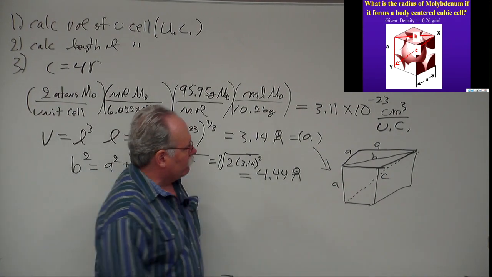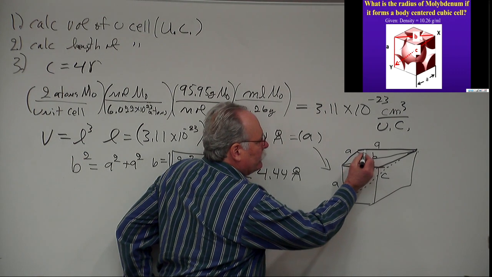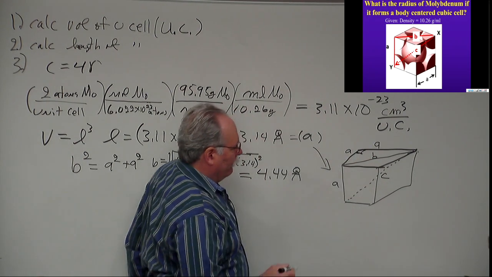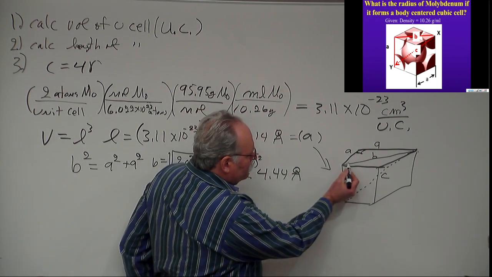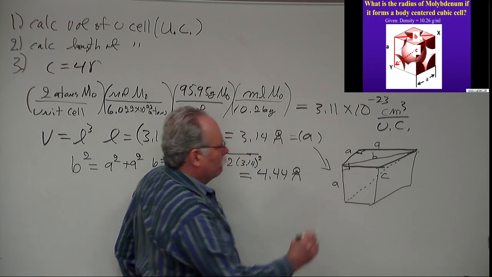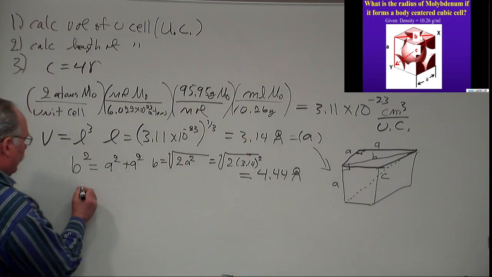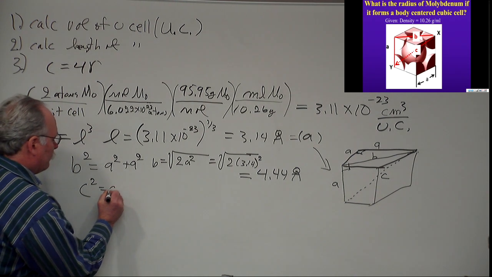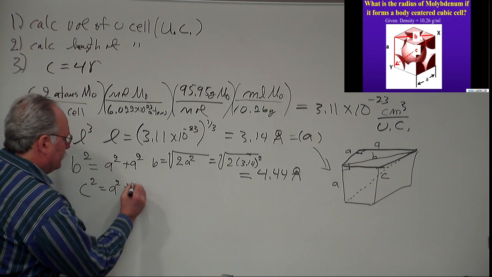Okay? Now that we have that, we can calculate C. We have another right triangle, okay? So this is the right triangle that we just covered, the one on the face. And this is the right triangle through the body. So we can now say that C squared equals A squared plus B squared.